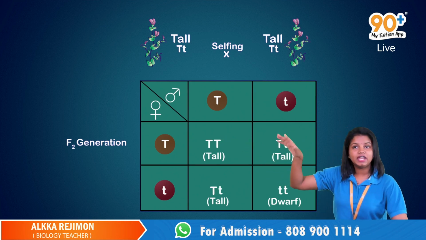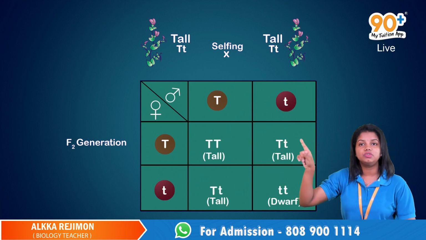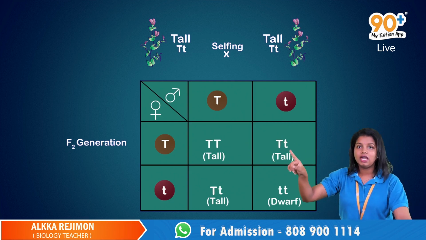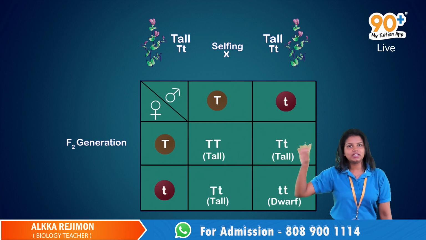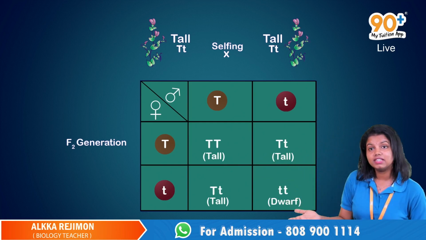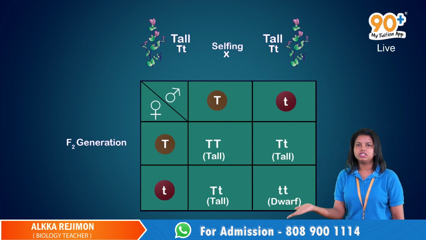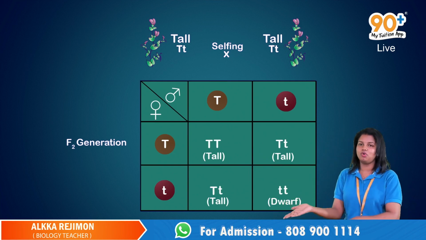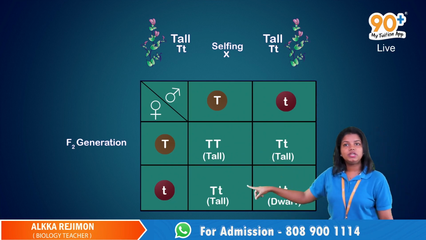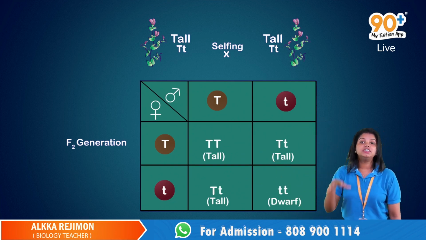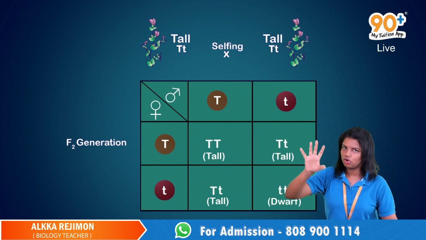Then heterozygous condition can be seen here, which is capital T small t. There are two of those, right? Capital T small t, two of them. So that is the second type. And finally a third type of genotype, which is it? Small t. That is a dwarf. So 1:2:1. That will be the genotype ratio of the monohybrid cross.